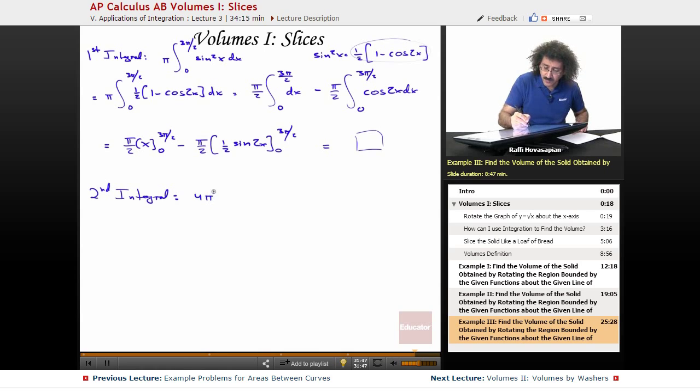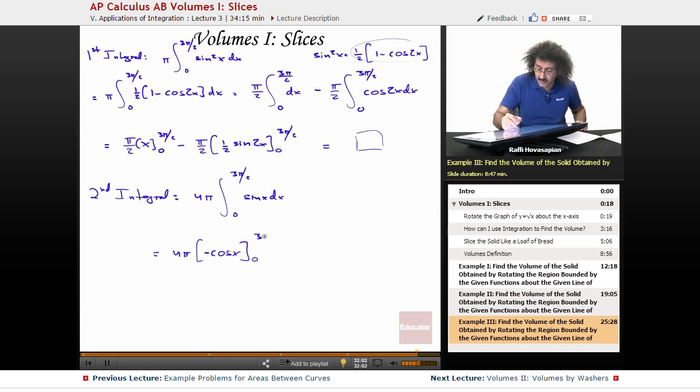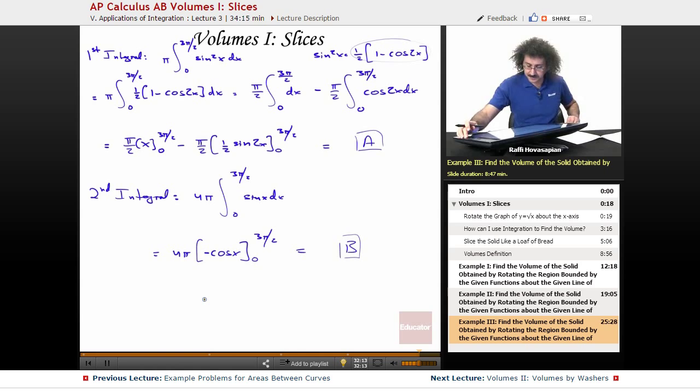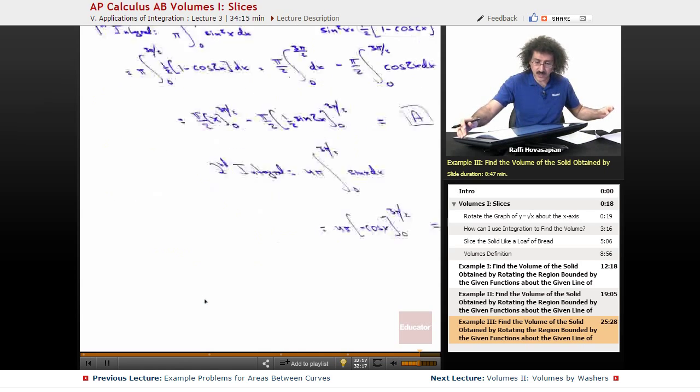We said that that was 4 pi times the integral from 0 to 3 pi over 2 of sine x dx. That is just going to equal 4 pi times minus cosine x from 0 to 3 pi over 2, and that's going to be some other number. I'll call this A, I'll call this B. That's the second integral. Whatever it happens to be, I won't worry about evaluating it.